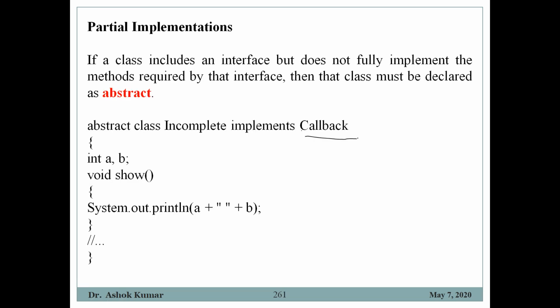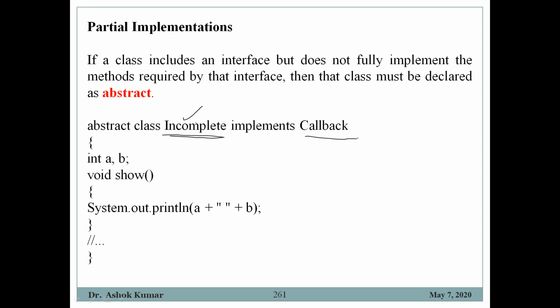Here, this incomplete class is not implementing the method that we declared in callback, that is again the callback with small c, right? So this is the partial implementation because this class is not implementing the methods.